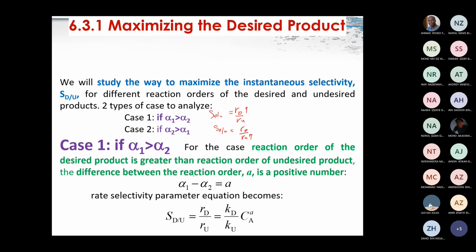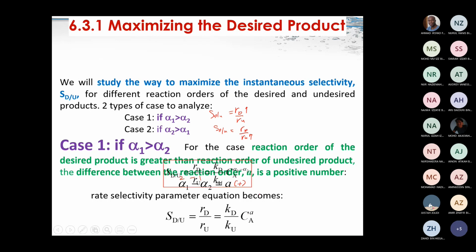For example, 2 minus 1 is 1, so still positive. So the rate selectivity parameter equation can be summarized like this.